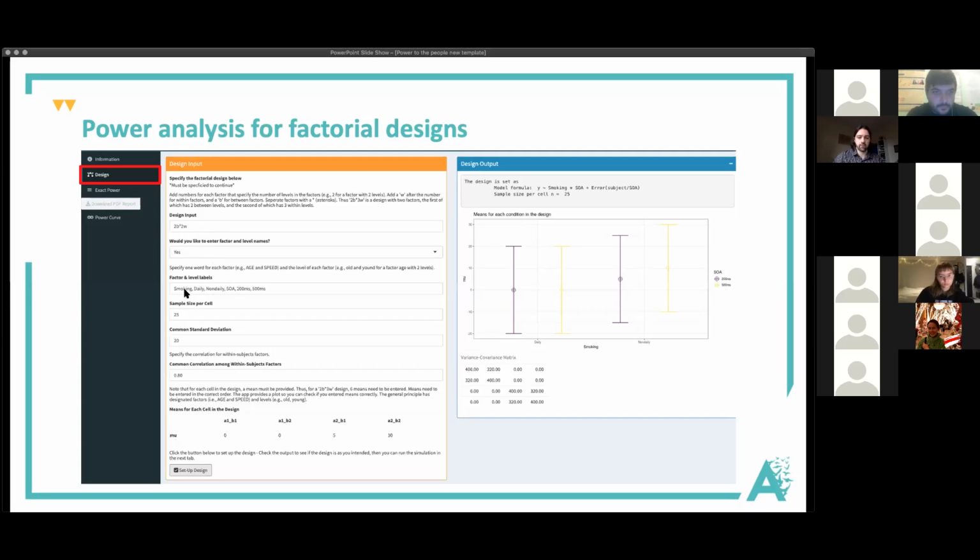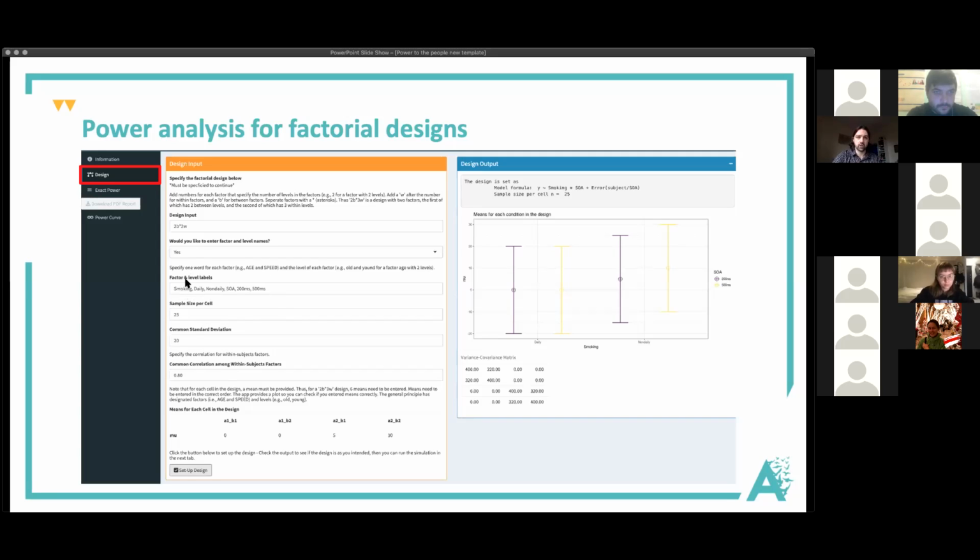So to recreate the figure I showed on the previous slide, we have smoking, daily, non-daily, SOA 200 milliseconds, 500 milliseconds. What we're doing here is defining each factor and the levels within it. So you need to do it in order, the first word being the factor name.